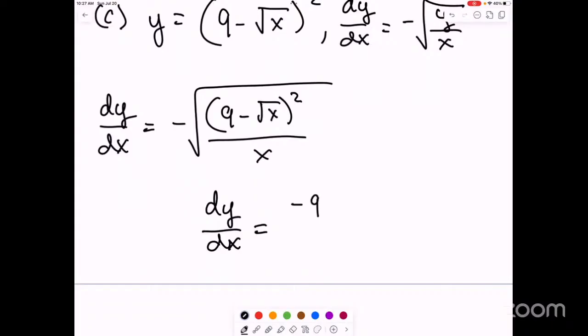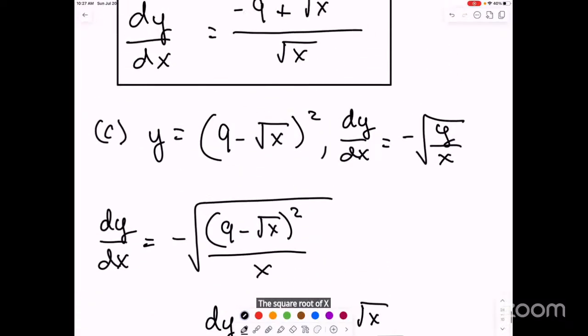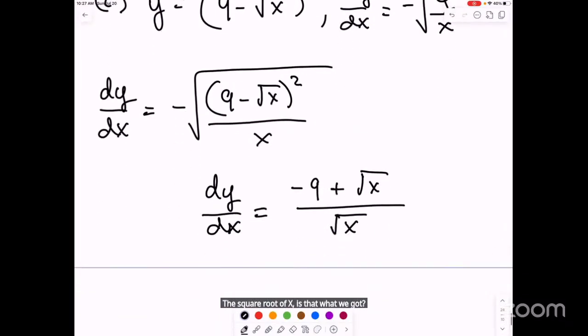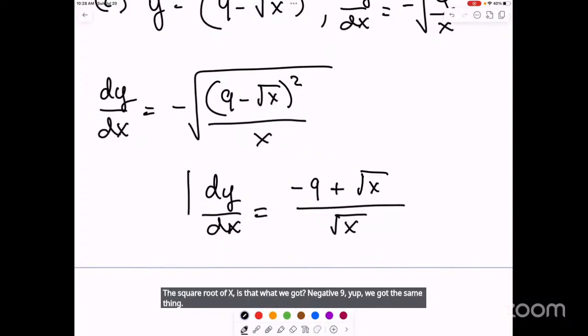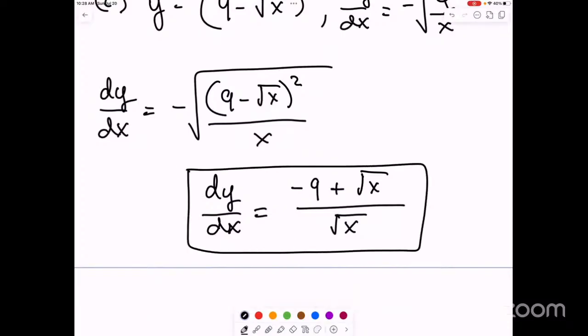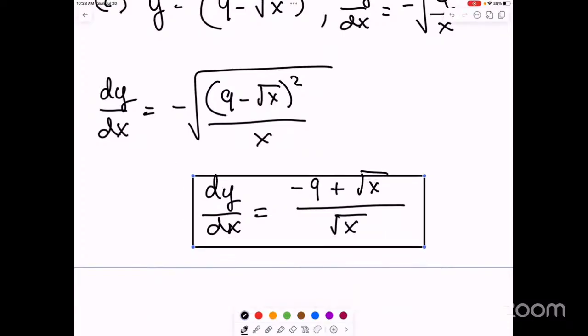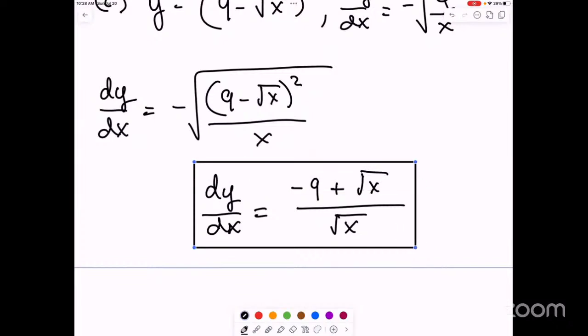Negative 9 plus the square root of x over the square root of x. Is that what we got from above? Negative 9? Yep, we got the same thing. Okay, so it does check out.